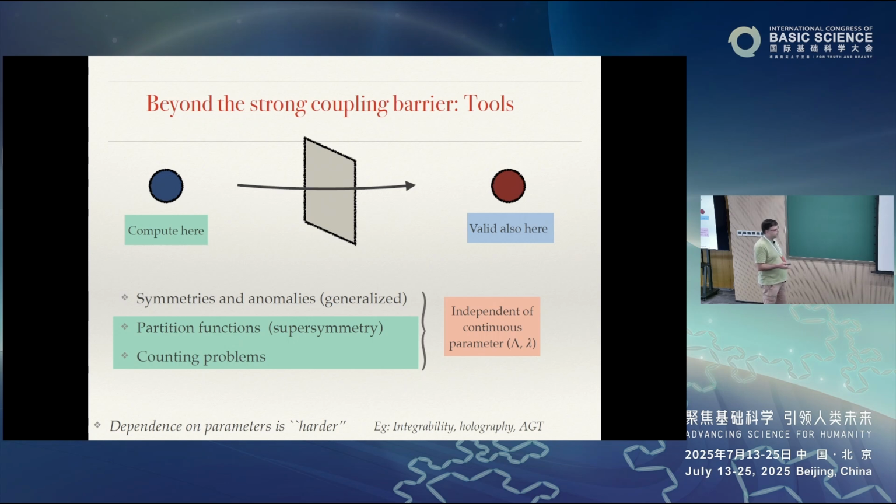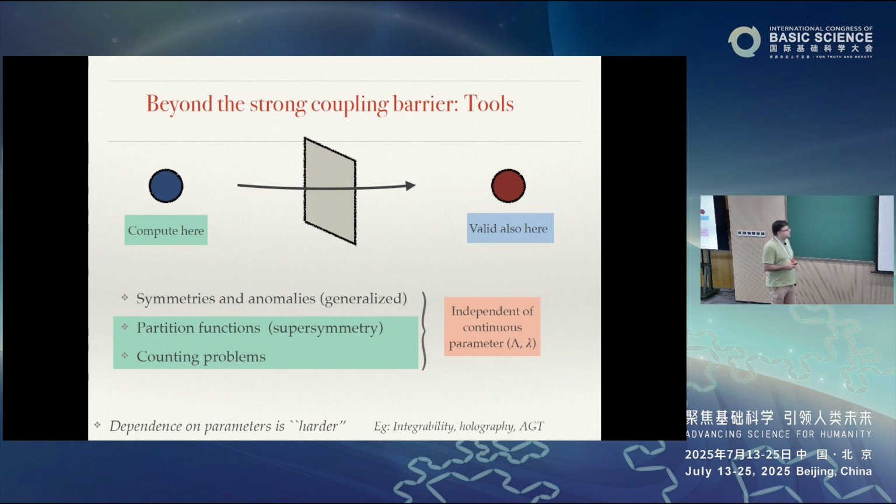And the tool that I will discuss today, or a particular example of a tool, is an extremely simple one. So the tool works like that. You compute it in the regime of parameters where you can basically compute anything. But then this computation, or this tool that you are using, is independent of the parameter with which you want to go to the strong coupling regime.